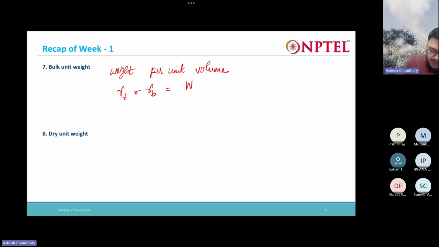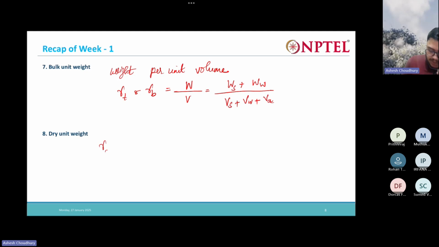This is the total weight by total volume. That means weight of solid plus weight of water by volume of solid plus volume of water plus volume of air, that is volume of solid plus volume of voids. This gives you the bulk unit weight.